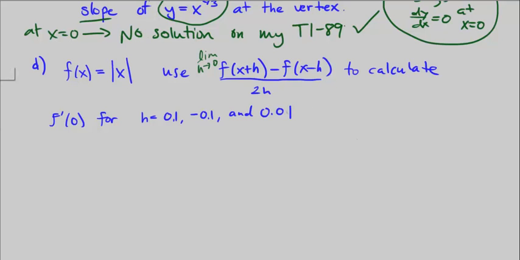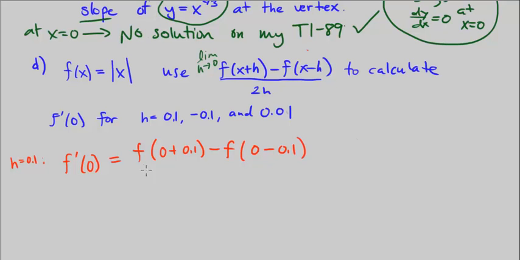So let's go ahead and do it. f prime of 0. If we use this function here, x is 0, so it's f(0 + 0.1) minus f(0 - 0.1) divided by 2 times 0.1.